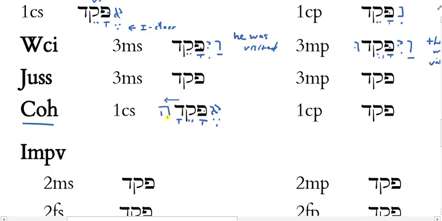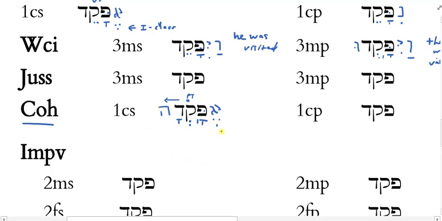And since the dalet is going to slide over and go with the vowel, that's going to leave this open and pretonic. And what will happen to the sere? It's going to reduce. So it becomes vocal shewa, and that means my qamets needs a metheg to signal that that's a long A. Eppaqedah.